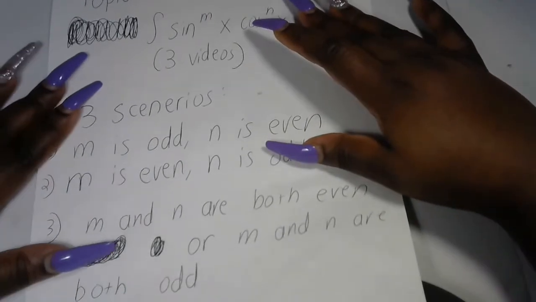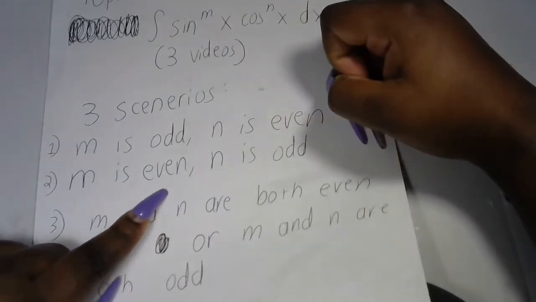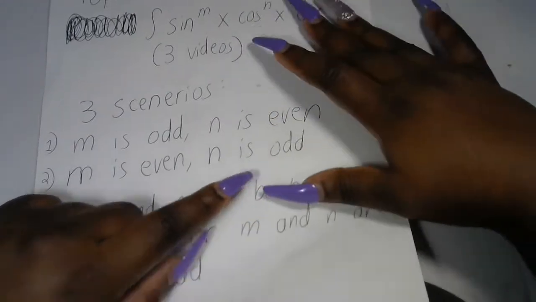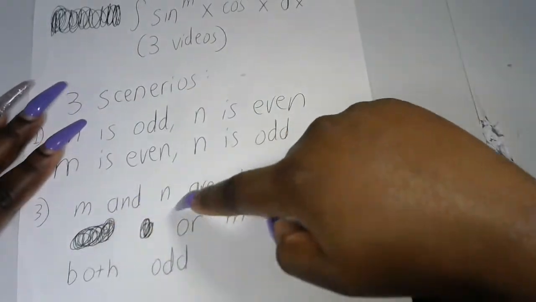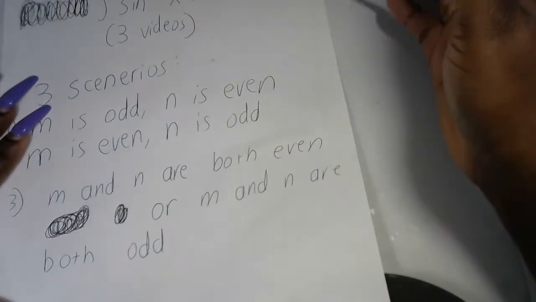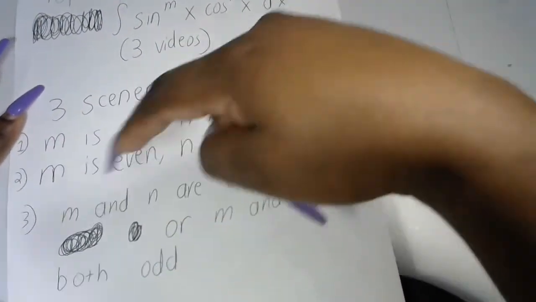There's also a scenario where m is even and n is odd. And there's also a scenario where m and n are both even, or m and n are both odd. So for topic 1, I'm going to make a video for each scenario.